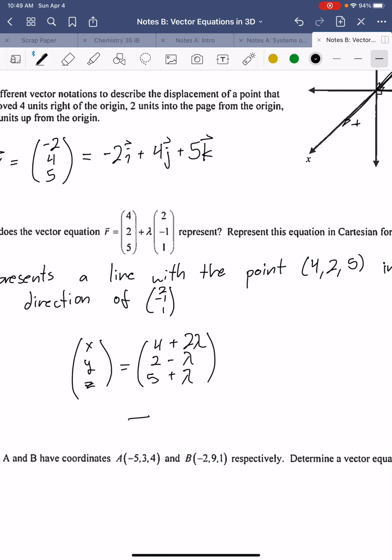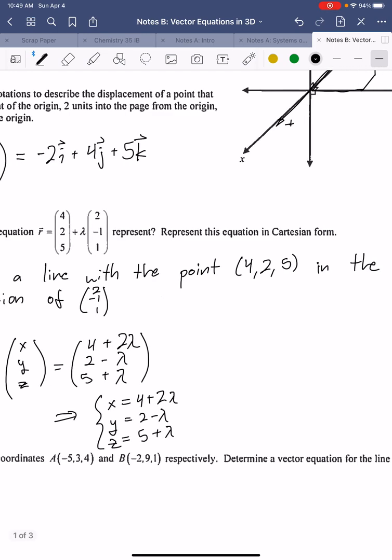So if we go to a system, that would be x equals 4 plus 2 lambda, y equals 2 minus lambda, and z equals 5 plus lambda.